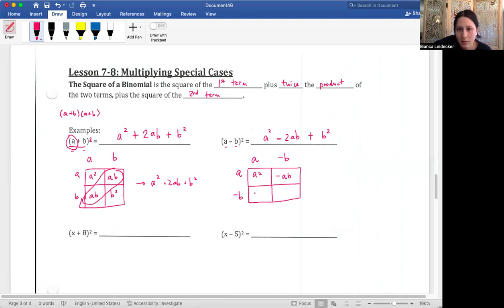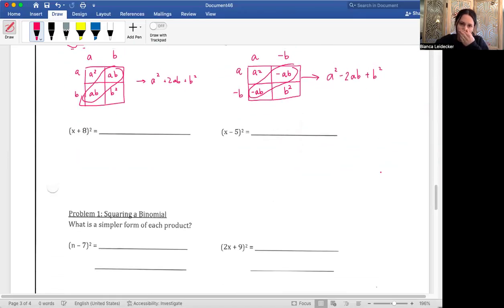A times negative B is negative AB. Negative B times negative B becomes a positive, and it's positive B squared. So when I bring this over, this combines negative 1AB plus negative 1AB is negative 2AB. So A squared minus 2AB plus B squared. So let's look at this with numbers.